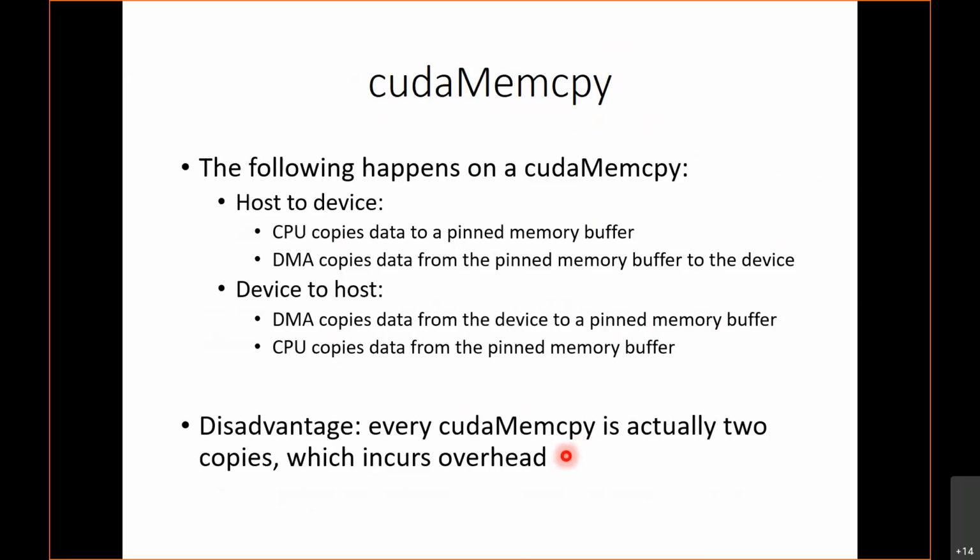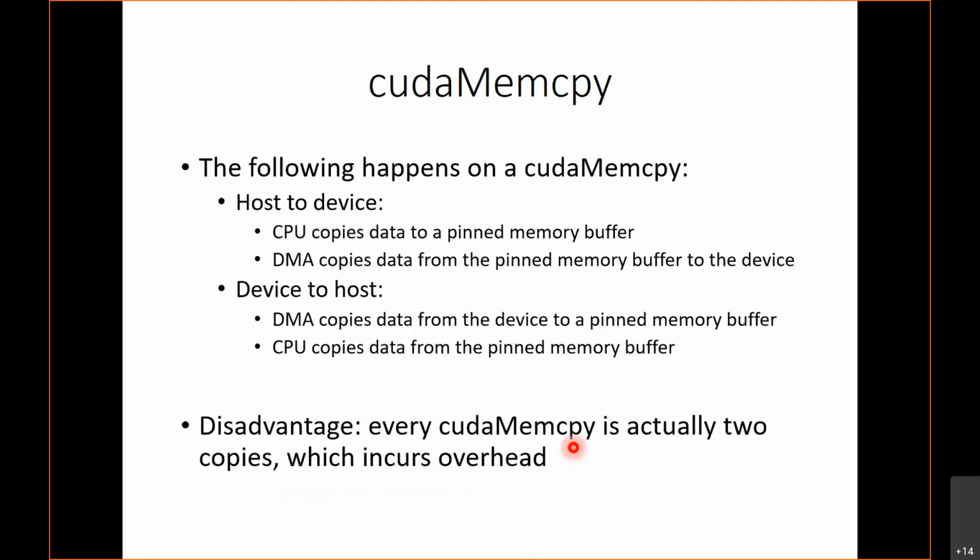Professor, I can't see what's the advantage of the DMA if the CPU is copying anyway. It's like we're doing more than we need to be. Okay, good point. In this case, another role of the DMA is to access the GPU memory, because here the CPU does not have direct access to the GPU memory.